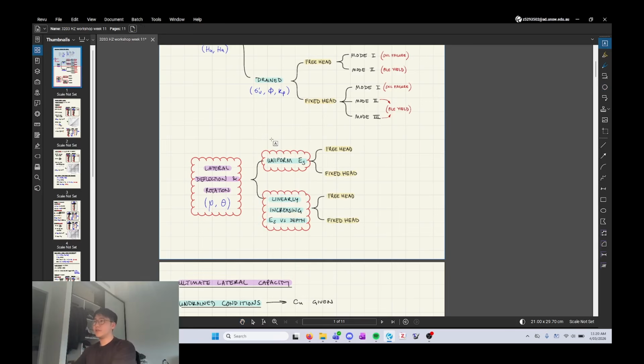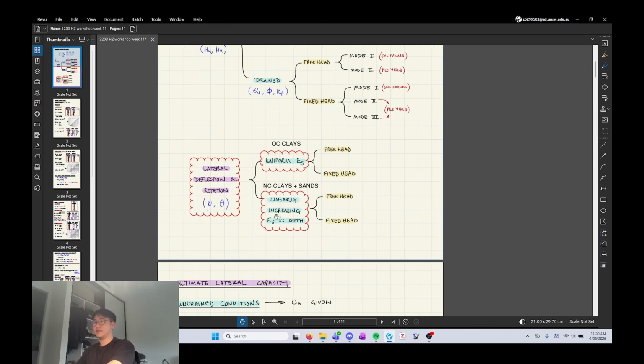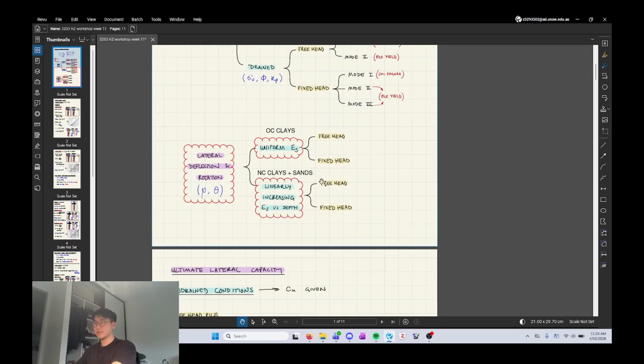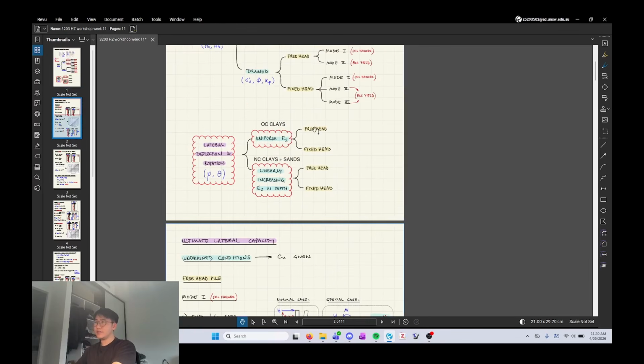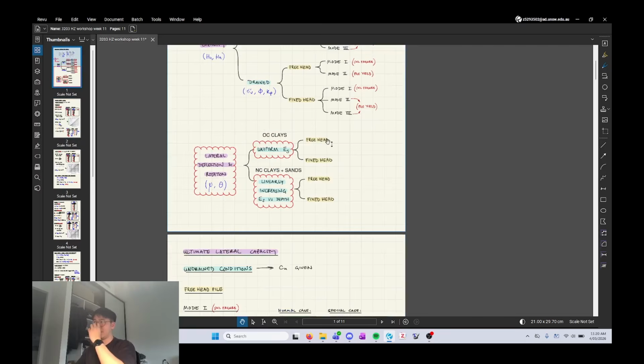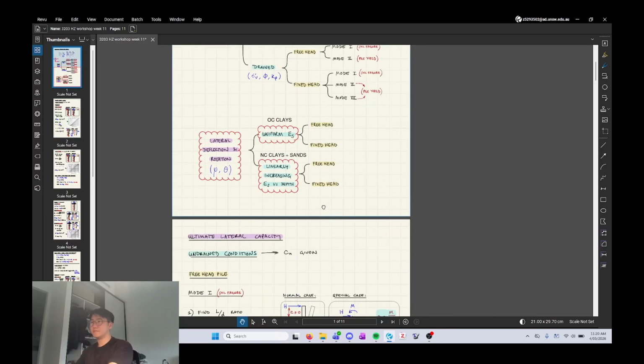So you'll find out later. This is for OC clays, or over-consolidated clays, the first case, and this is NC clays and sands following the second set of equations basically. And then you figure out whether you have to work it out for your free head or your fixed head at the top.